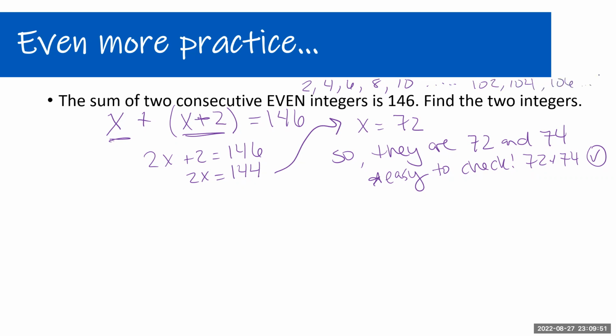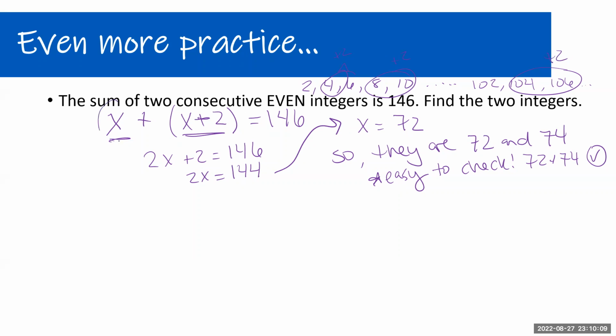The key difference here is that for any two consecutive numbers, if I choose 4 and 6, if I choose 104 and 106, if I choose 8 and 10, there is a plus 2 gap. That is the key here.